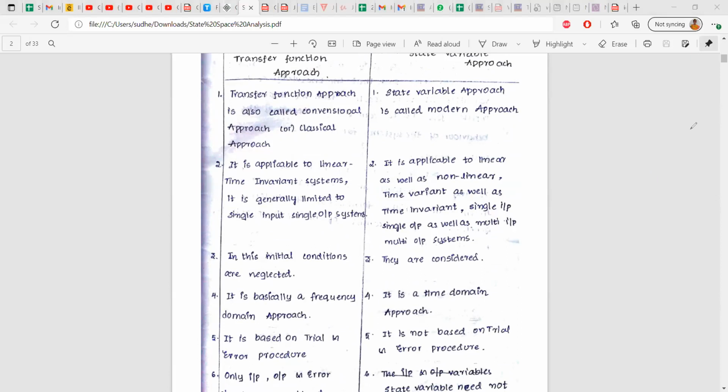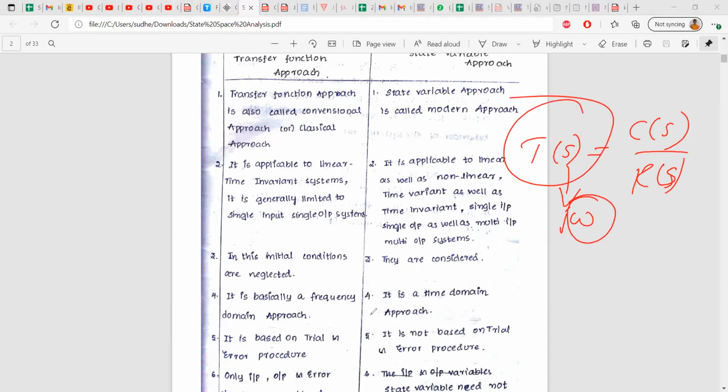If you observe, T of S equals C of S by R of S. What is S? S is nothing but j omega. Omega means frequency. That's why transfer function is basically a frequency domain approach, but the state variable is a time domain approach.